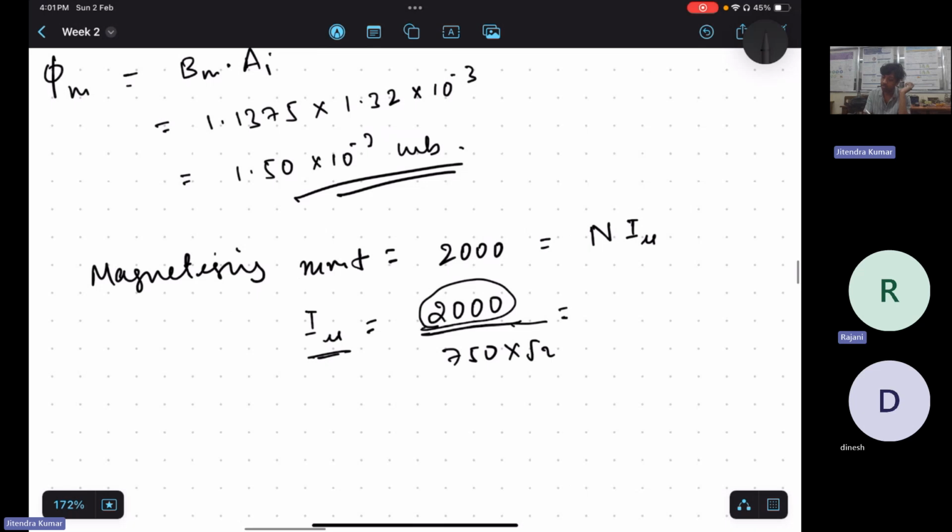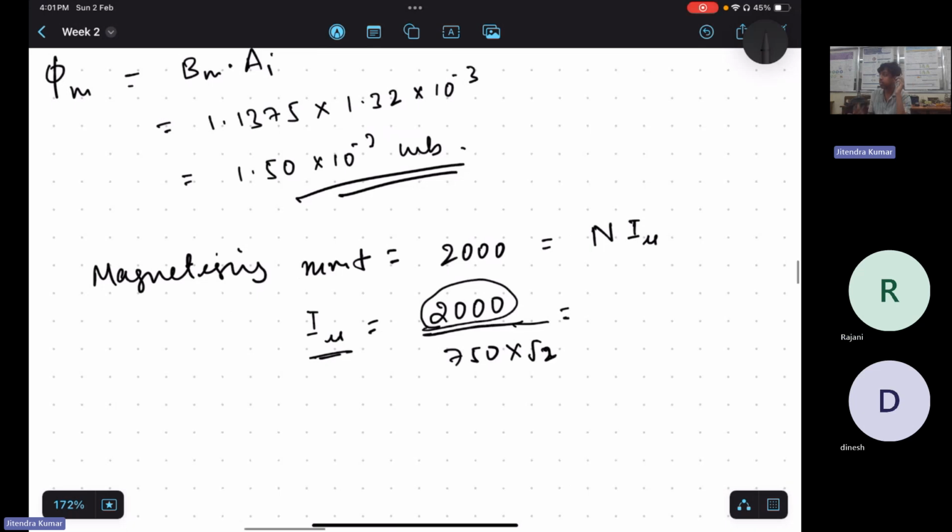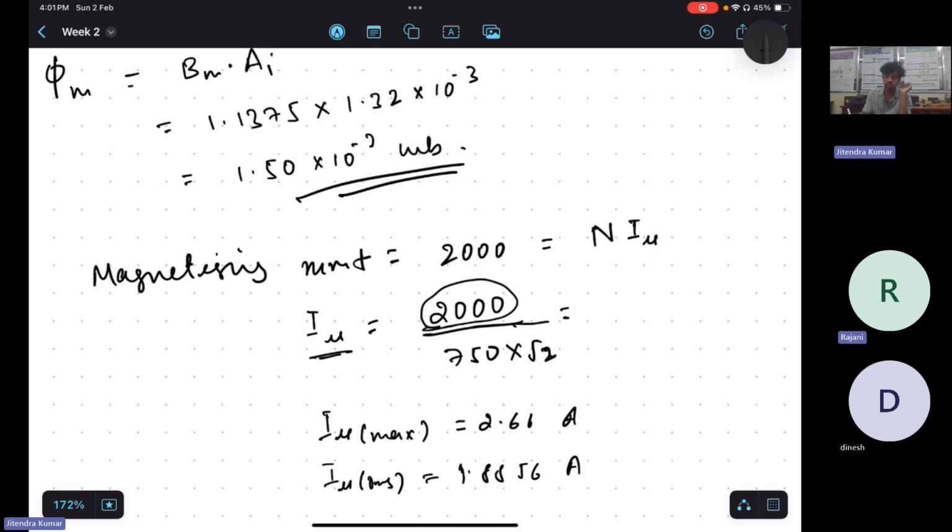So this was the maximum value, 2.66, and now dividing by root 2 you will get the actual RMS value, which is 1.8856.